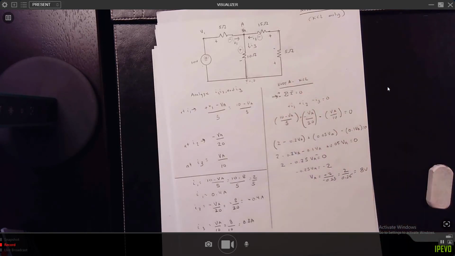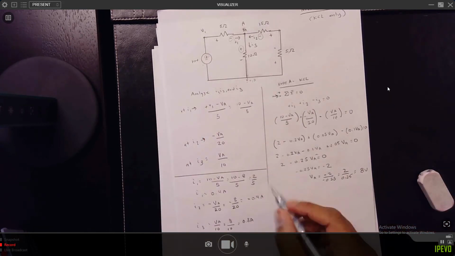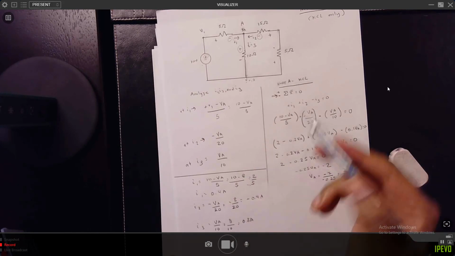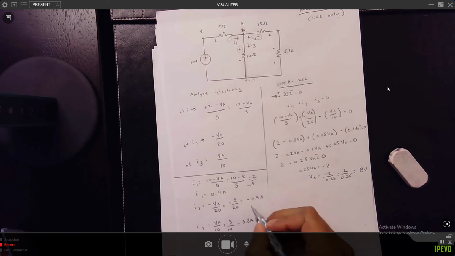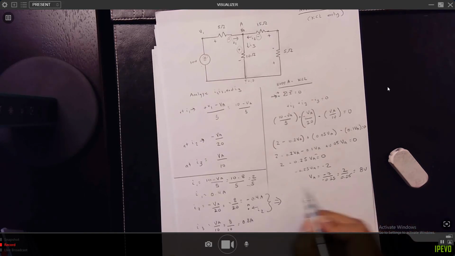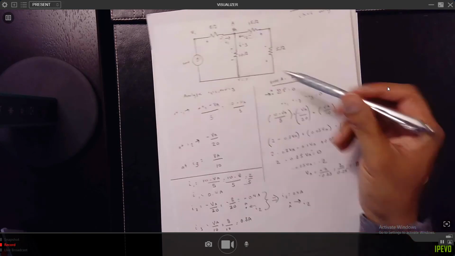When I have a negative 0.4, meaning it is going into node A, this implies that I2 is 0.4 amps going out of node A. So this is the correct direction. We assumed a direction going into node A, which turns out to be negative. So the correct assumption is it's going out of node A.